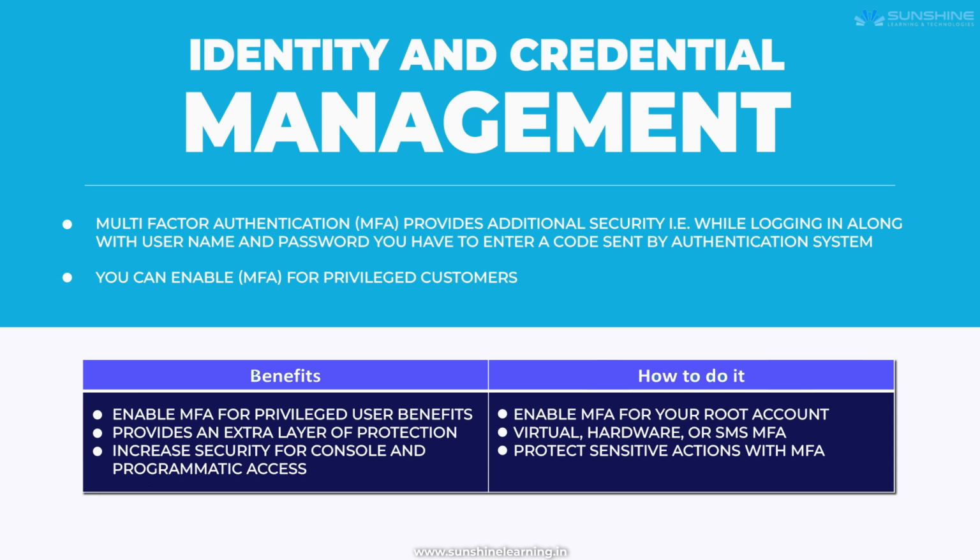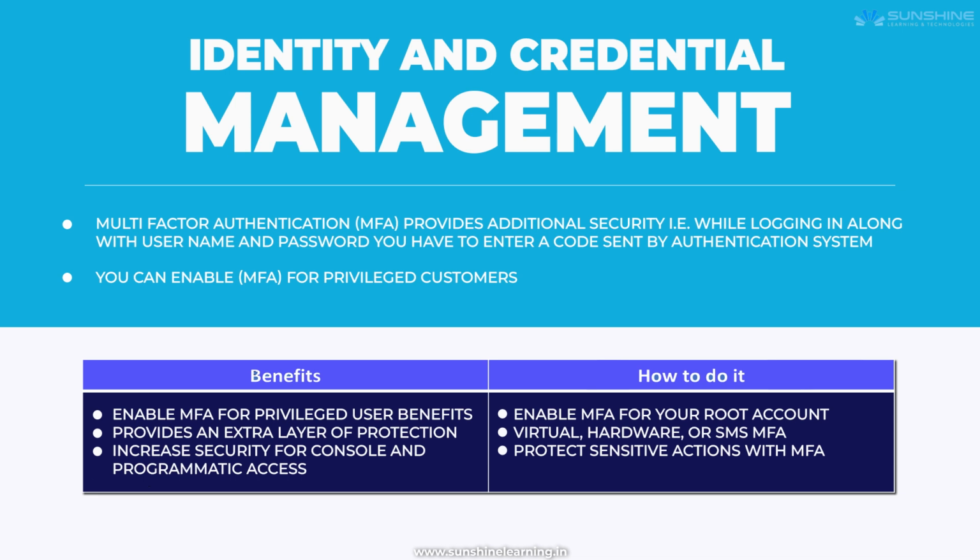What are the benefits? Enabling MFA for privileged users provides an extra layer of protection. For example, mostly in finance projects and banking projects, they look for users with more secure login connections. So MFA could be a good fit for that. It increases the security for console and programmatic access as well. How to do it?